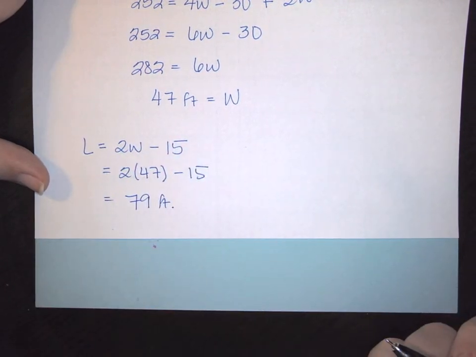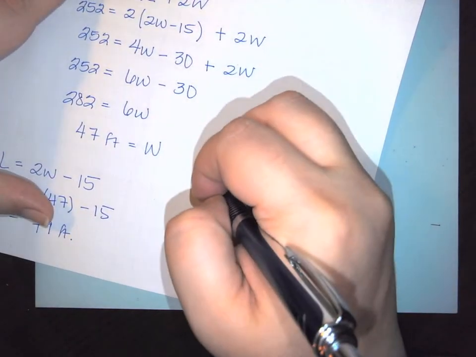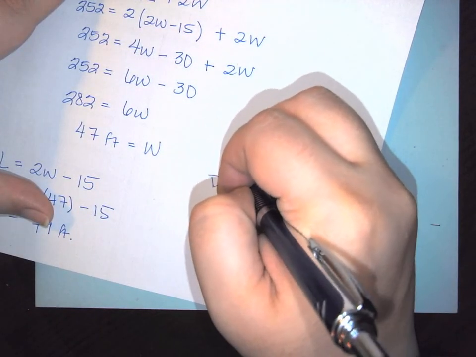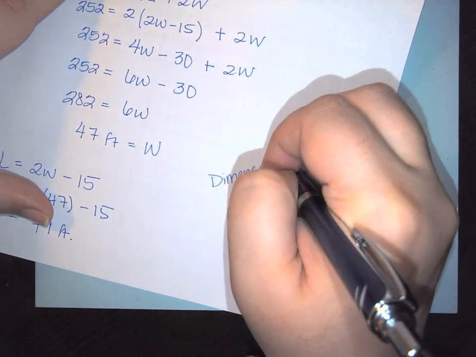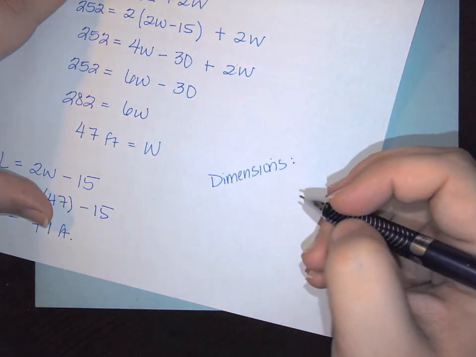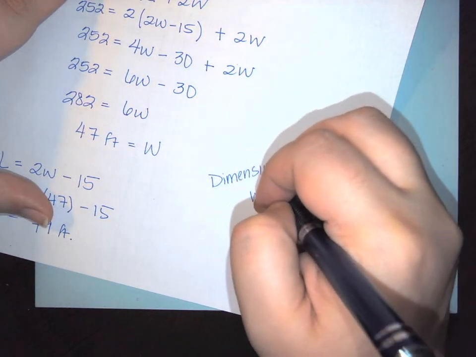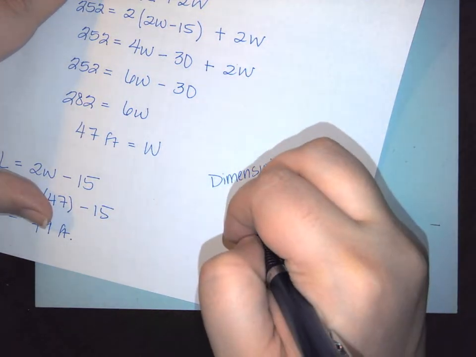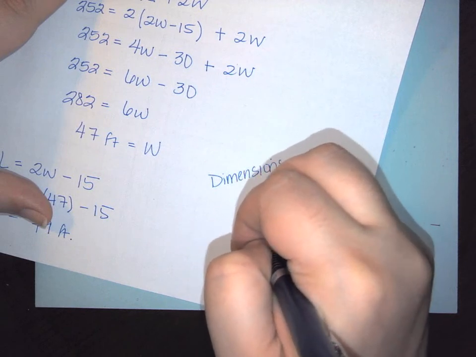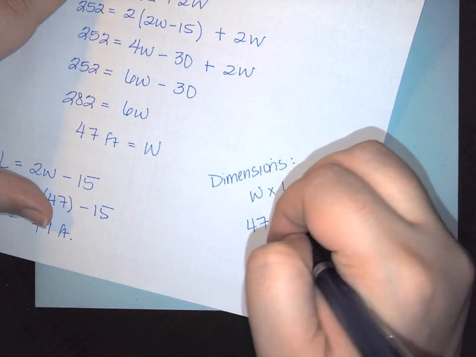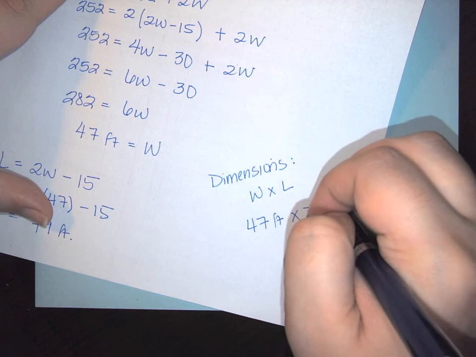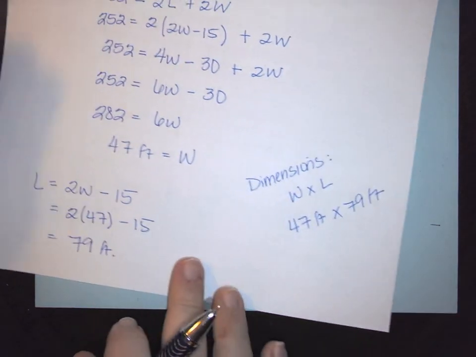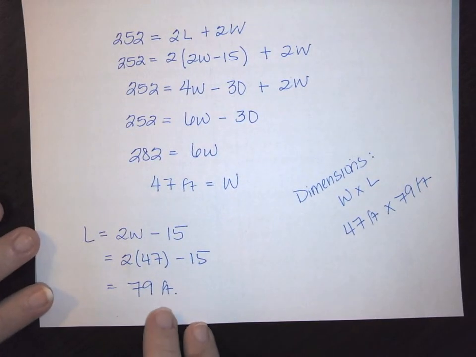So when we're talking about your dimensions, dimensions is going to be width by length. So here we're going to have your 47 feet by 79 feet, and those would be your dimensions.